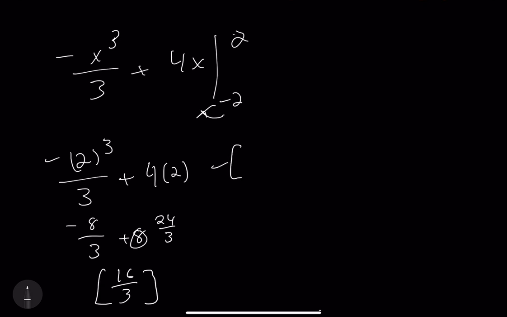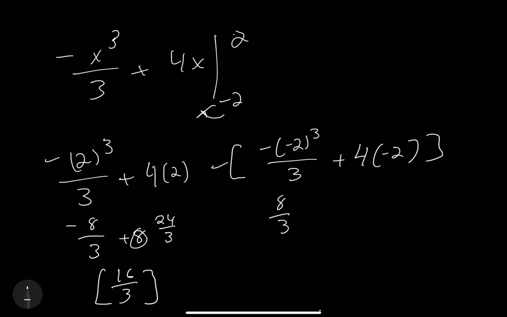And you'll be subtracting this from negative 2 cubed over 3 plus 4 times negative 2. This will be negative 8 times the negative will be 8 over 3 minus 8. This will equal negative, because it's the same thing as over here.